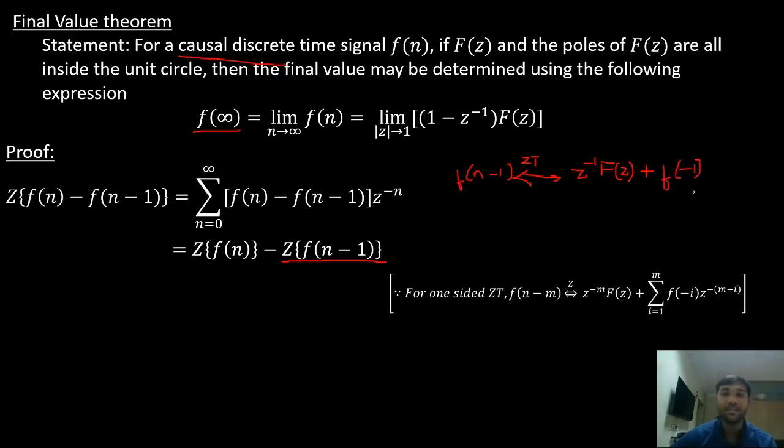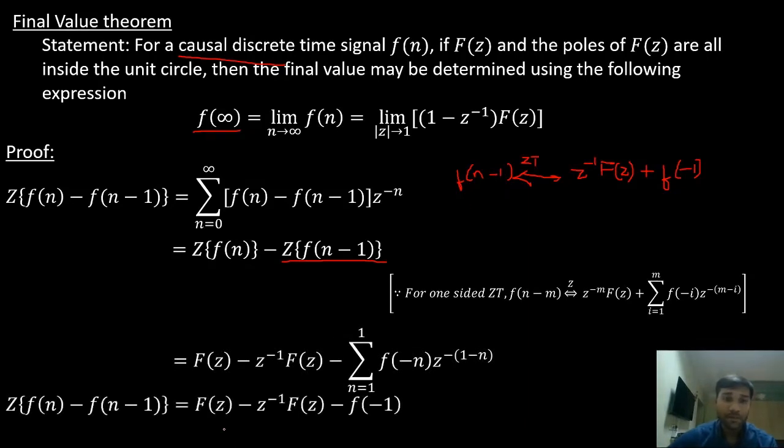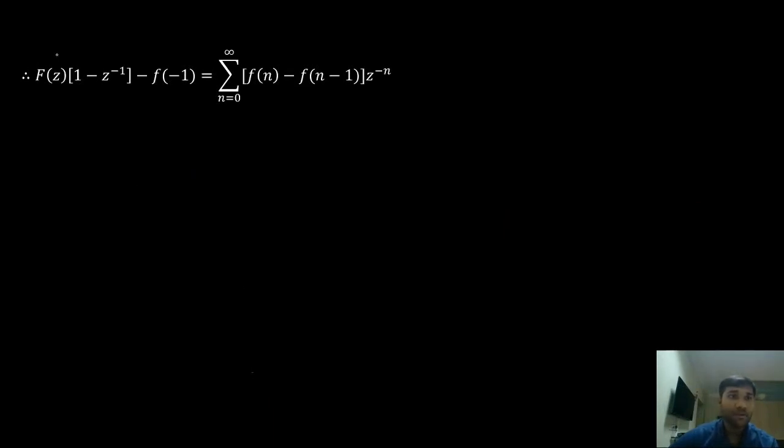This is the one-sided z transform of F of n minus 1. So I will substitute all those values. It is going to be F of z minus z inverse F of z minus F of minus 1. Now if I take F of z common, it is going to be F of z into 1 minus z inverse, minus F of minus 1.